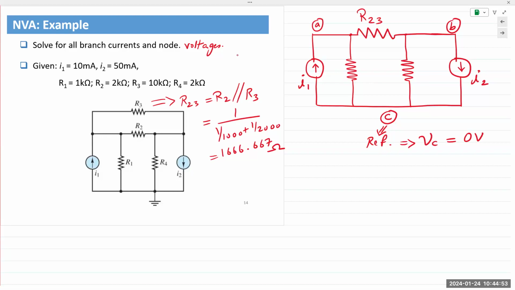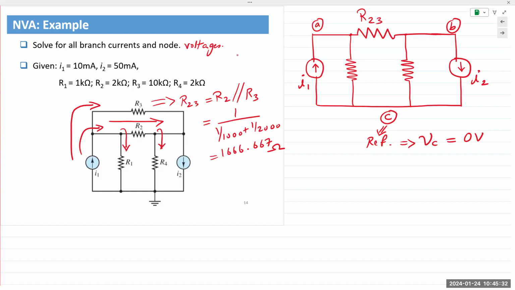Now is the time to choose the direction of the currents. The reason I find it interesting is because I2 goes down. So which direction should we choose? It's an assumption. You can make an assumption any way you want. Since I1 is going up, I always tend to start from the left side of the circuit schematic, and I would say current going in this direction, from left to right, and it's also going down R1 and going down R4.